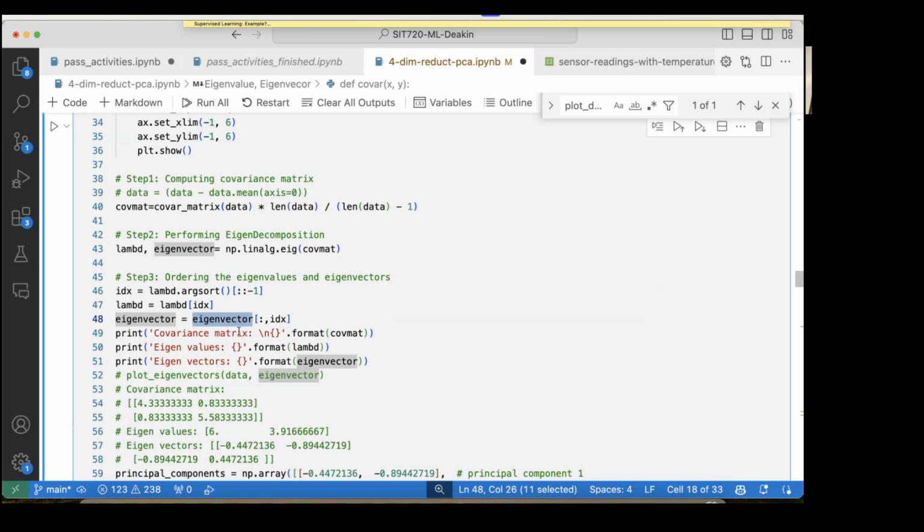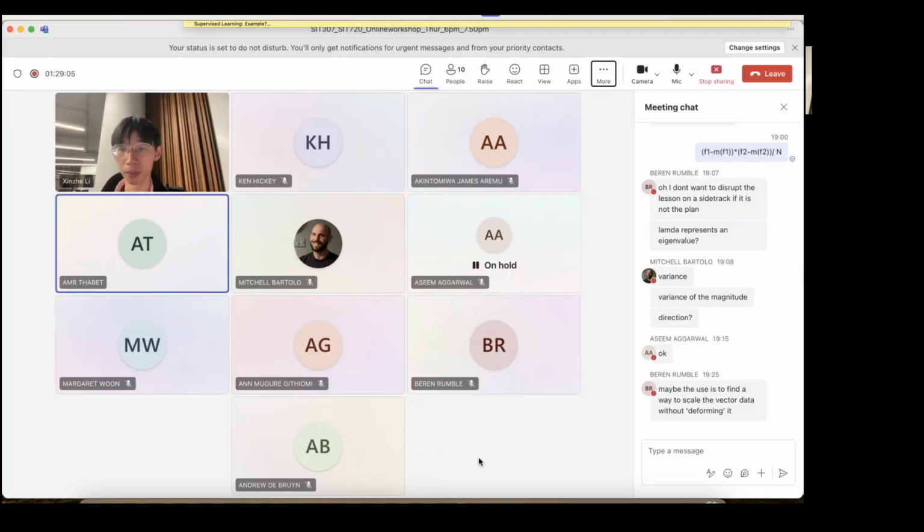Yeah, I think I almost got what you tried to say. If you remember my answer, I was thinking lambda is like a scalar to eigenvector, and you're telling me here it's like a variance to data for eigenvector as well.